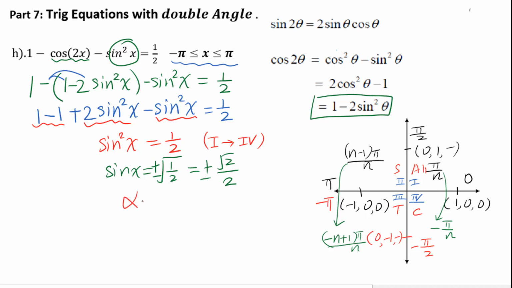The reference angle equals pi/4. So you can get x equals pi/4. Second quadrant is 3 pi/4. Third quadrant is negative 3 pi/4. Fourth quadrant is negative pi/4.